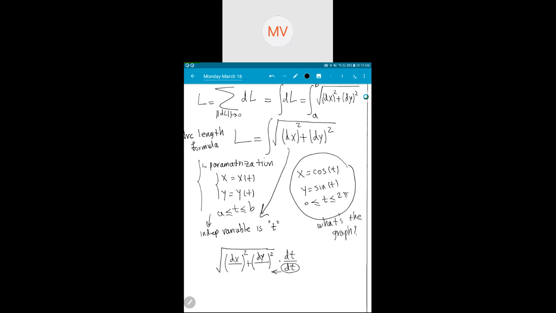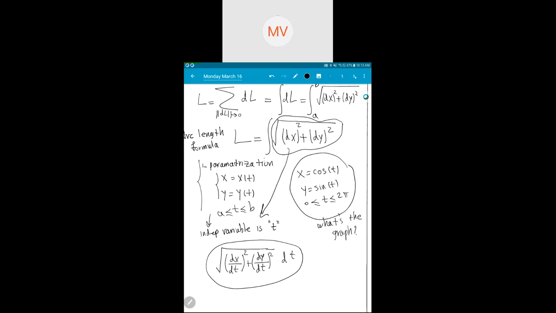It goes underneath the denominators of these two terms, but when it goes inside it becomes squared, so you would have dt squared and another dt squared here. So I can get rid of this guy. So the square root of (dx over dt) squared plus (dy over dt) squared, times dt, is exactly the same as the one up here.